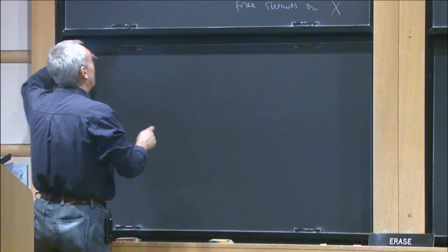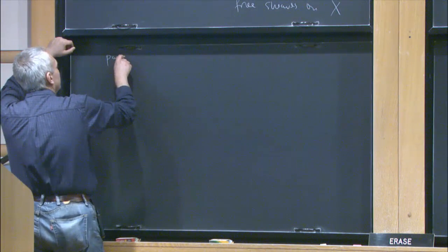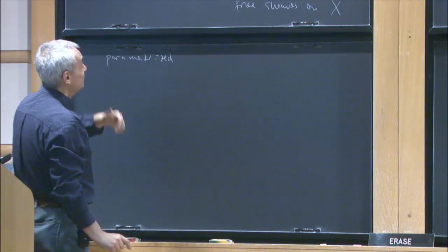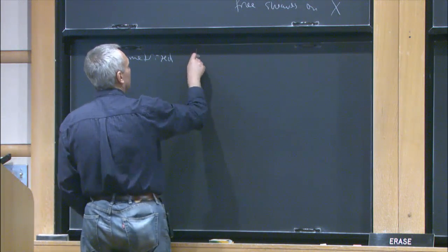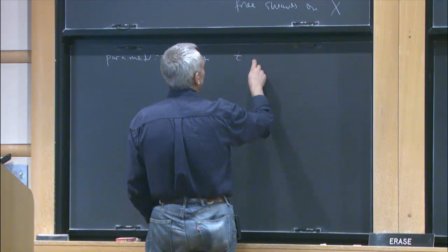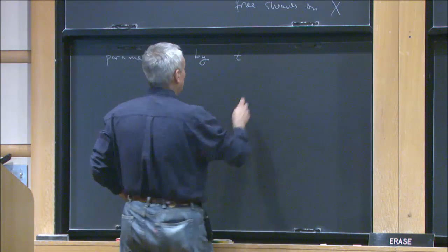And those are parameterized by some real vector space, by T, where T is really an assignment of a real number to each component of the divisor.